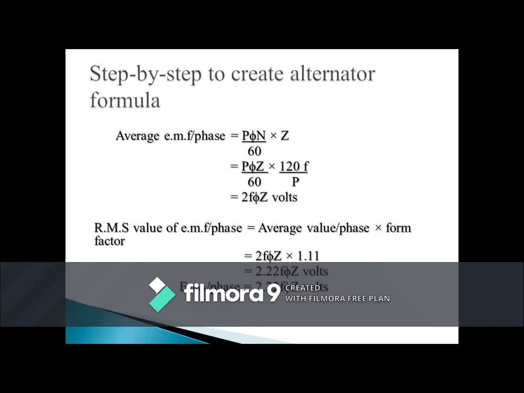RMS value of EMF per phase equals the average value per phase times the form factor. As we know, the form factor equals 1.11, so it equals 2F flux Z times 1.11. Lastly, the equation will be 2.22 F flux Z volts. The ERMS per phase equals 2.22 F flux Z in units of volts.